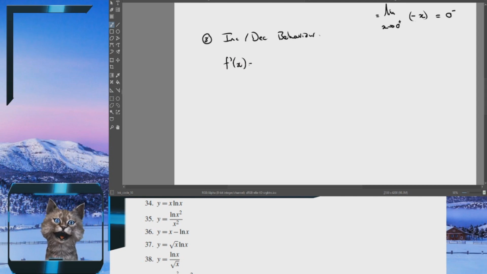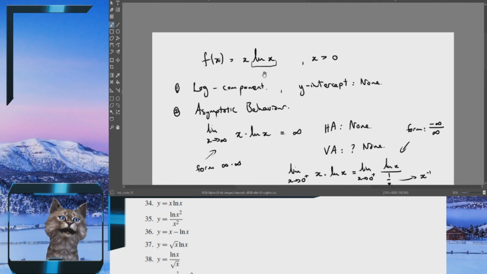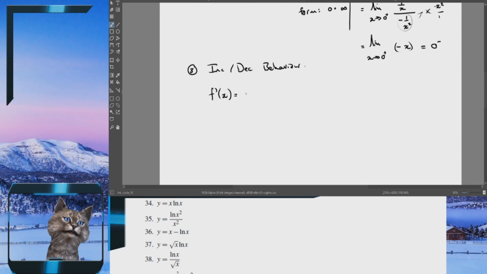There I'm going to look for the derivative, and my original function, remember, is quite straightforward. I'm going to use the product rule: derivative of the first times the second plus the first times the derivative of the second. Let's clean this up a little bit. I'm just going to write this, which simplifies to 1, at the front, so I don't get confused.